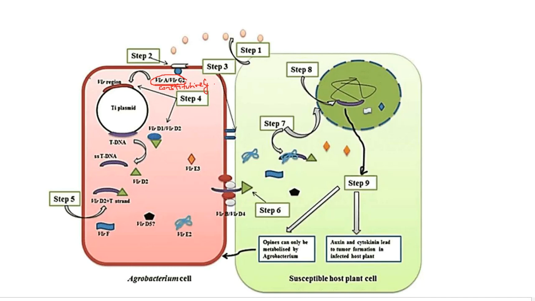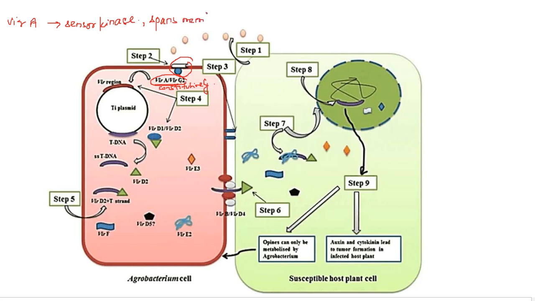So let's start with the first gene, that is vir-A. This vir-A is a kind of sensor kinase, and it spans the membrane. I'm writing a few keywords in short.